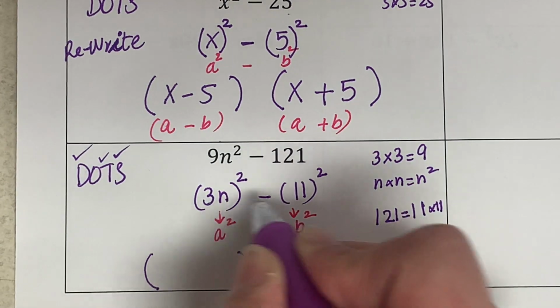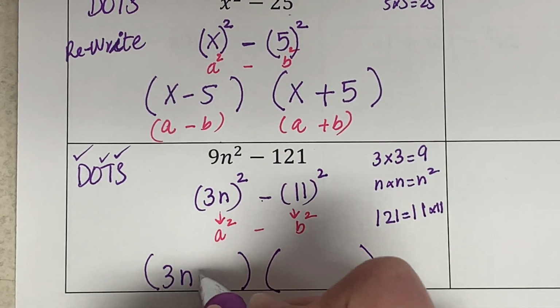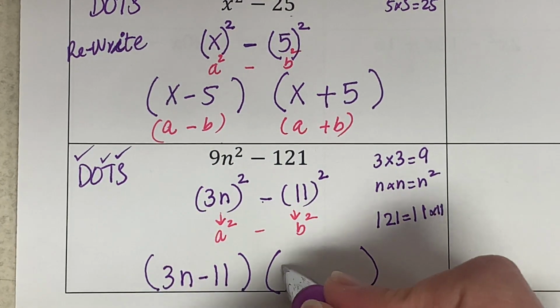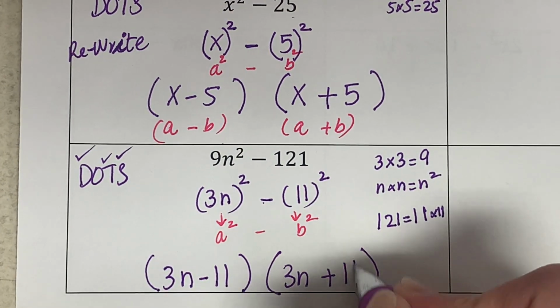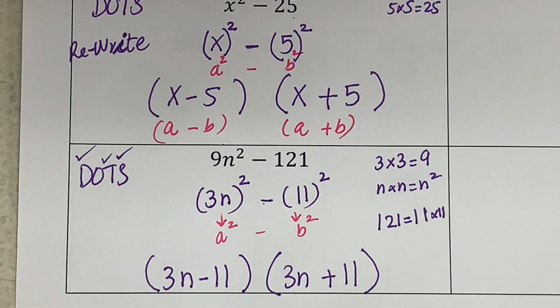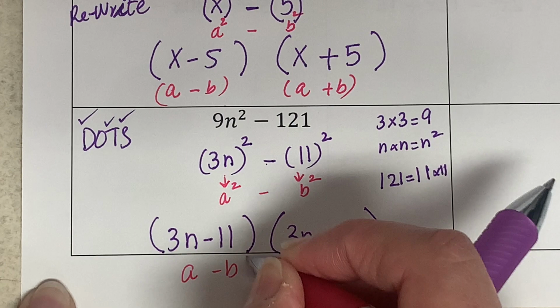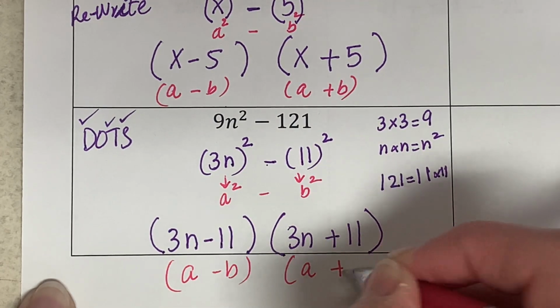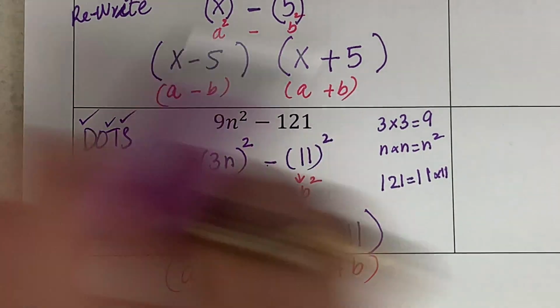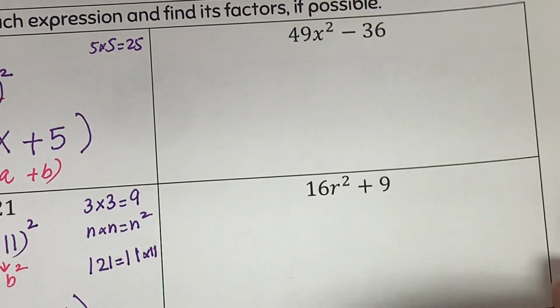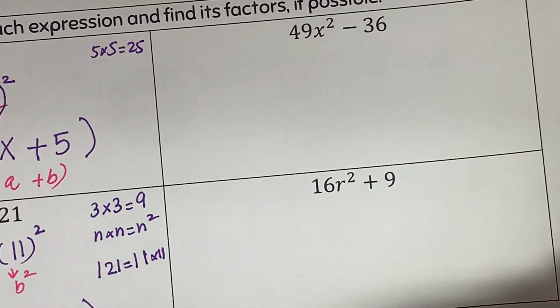So it should be 3n minus 11, and the second time it should be 3n plus 11. This is a minus b, and this is a plus b. You should be able to do these two examples on your own, so pause the video here and do these so I can check them.